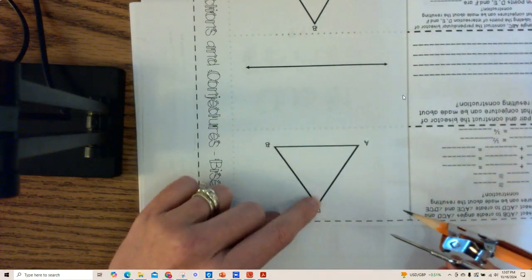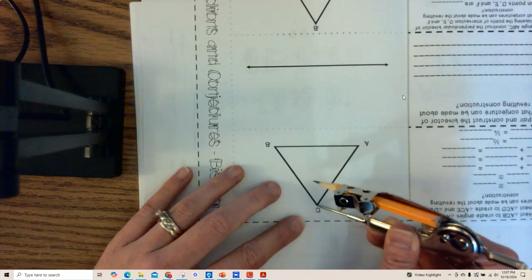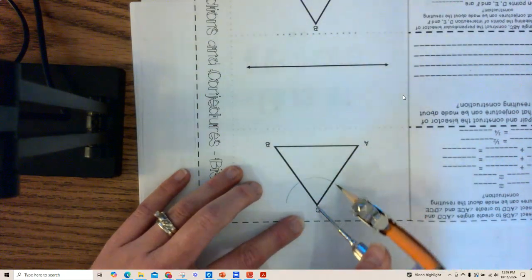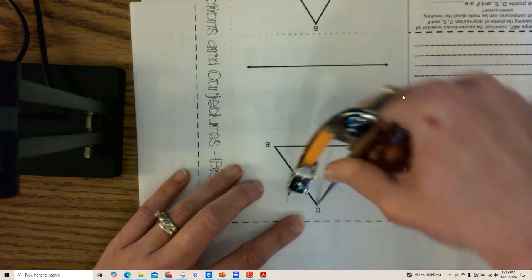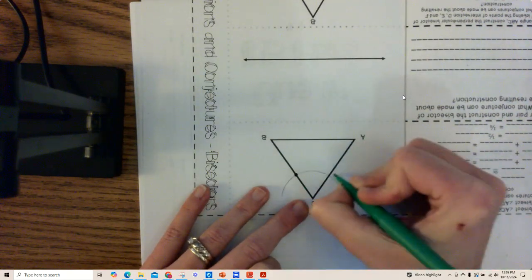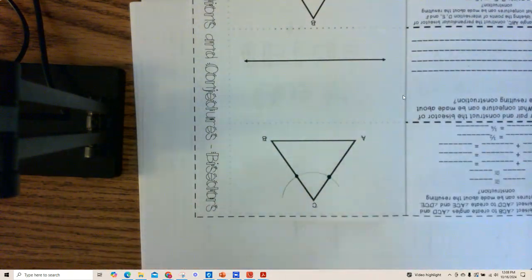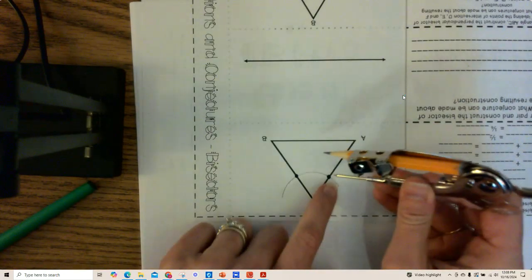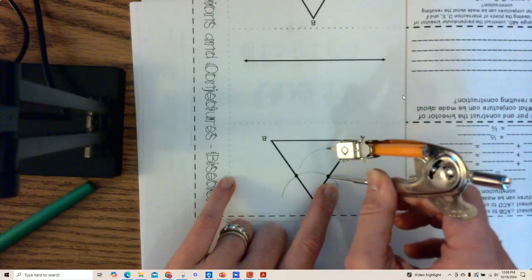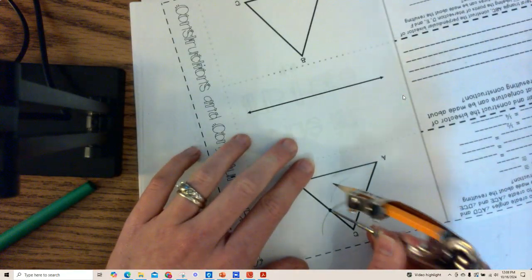So if I want to bisect this top angle, I'm going to mark with the compass an arc that goes all the way across the two adjacent sides. And then those intersections are what I'm going to use next. So I put the point on those intersections and I make two more arcs that should cross.